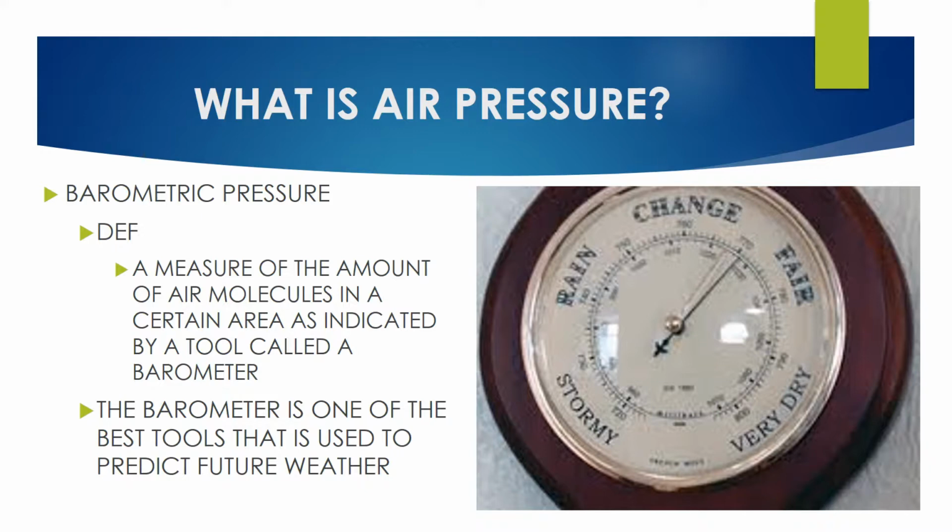Water vapor is just like air molecules. It's see-through. It's there, you just don't see it. But on those days when you've got more water in the air, that's going to give you different types of precipitation. Could be snow, could be rain, depends on temperature. So air pressure and a barometer is a great tool to measure how much air is there and how much water vapor is there, and those two will compete for space.